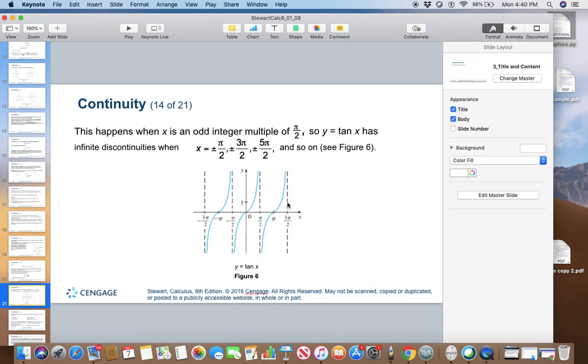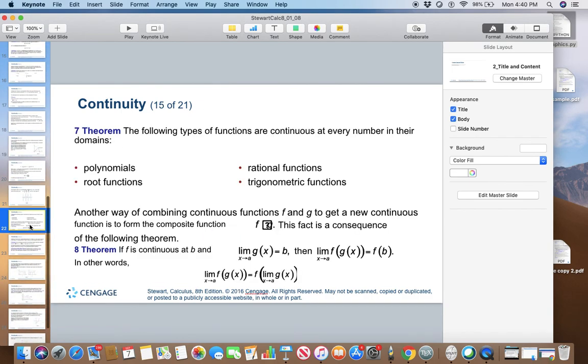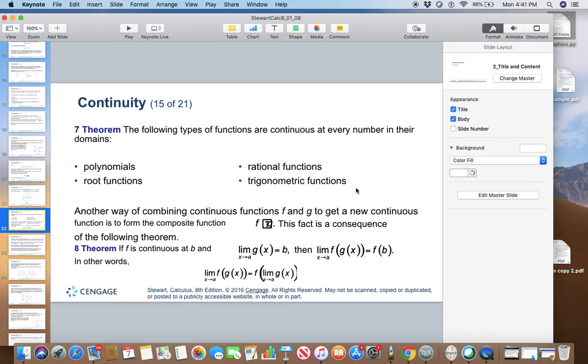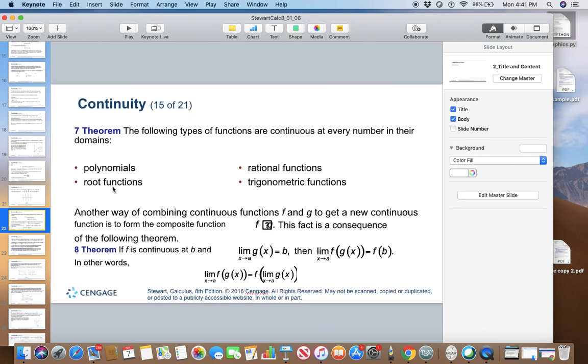So all the discontinuities the tan function has are infinite discontinuities. Okay. So the following types of functions are continuous at every number on their domain: polynomials, root functions, rational functions, trigonometric functions.